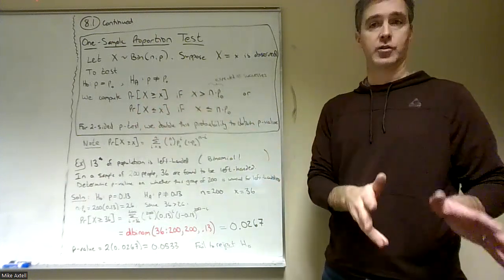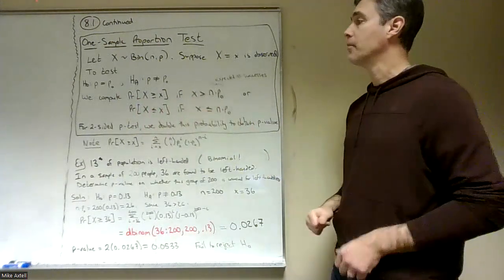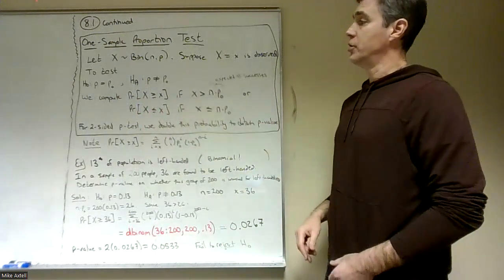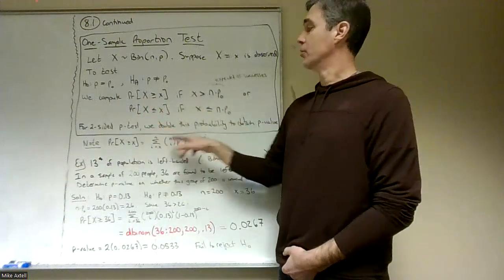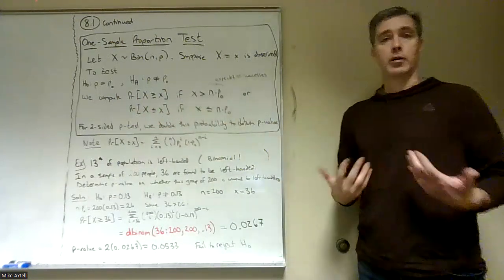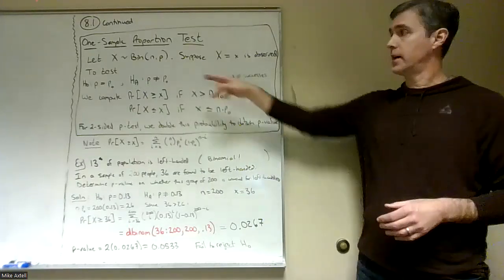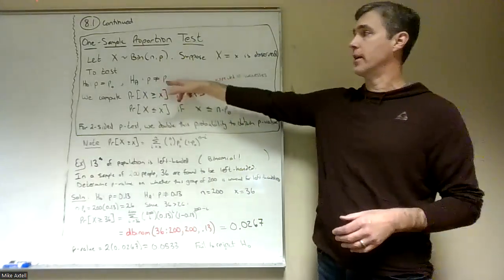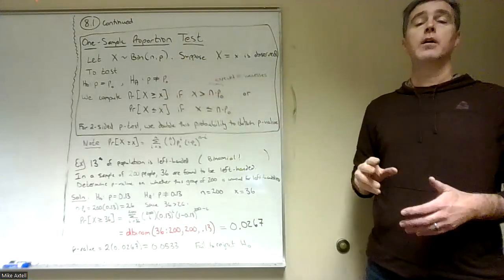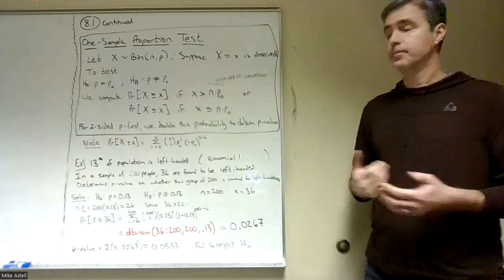That would be the more extreme side, okay? Whichever one we do, for a two-sided p-test, we're going to double that probability to obtain our p-value. If we only had a one-sided p-test, so p greater than p sub 0 or p less than p sub 0, we wouldn't double it, okay?